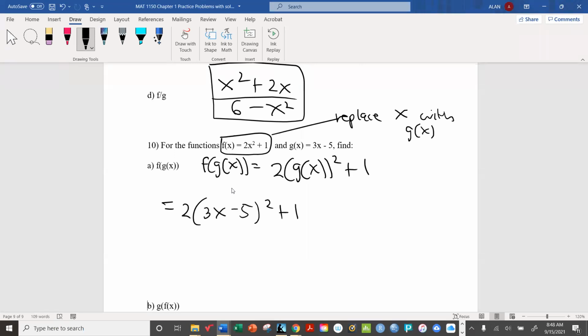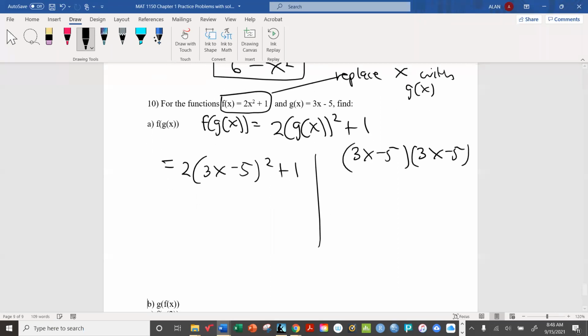So in other words, that will leave us with, okay, now we can do FOIL on this one. Let's do this on the side here. Now, it may turn out that we can leave it like this, and maybe we should, but I just want to see what happens if we simplify it. You'll have 9x squared minus 15x. Inner is these two, minus 15x.